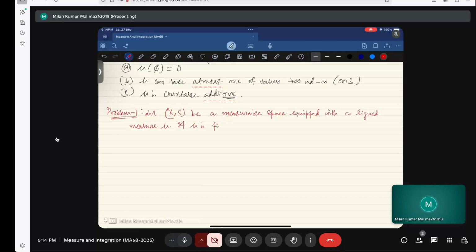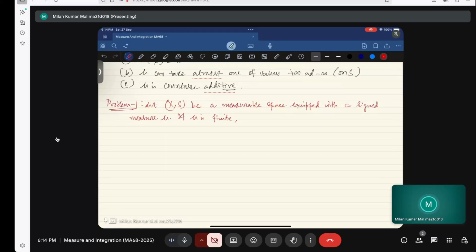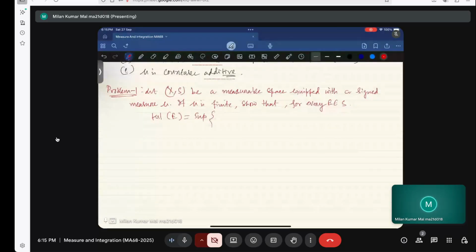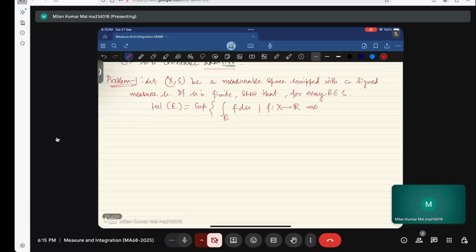If mu is finite, then for every E belongs to S, mod mu of E equals the supremum of integration over E of f d mu, such that f from X to R is measurable and mod of f is less than or equal to 1.